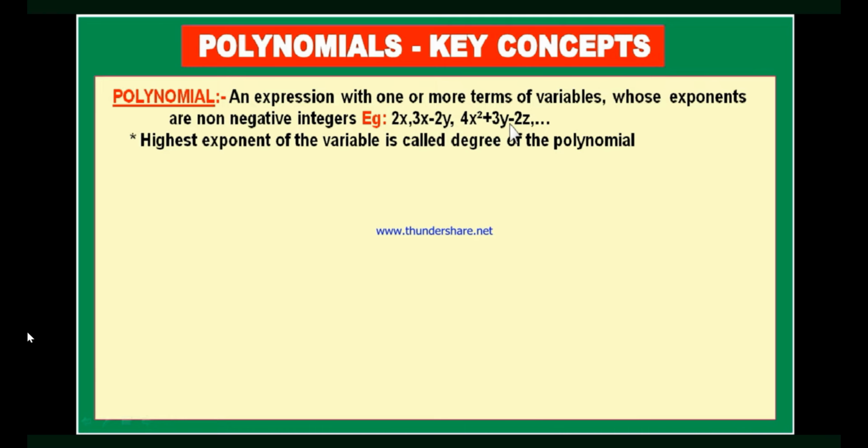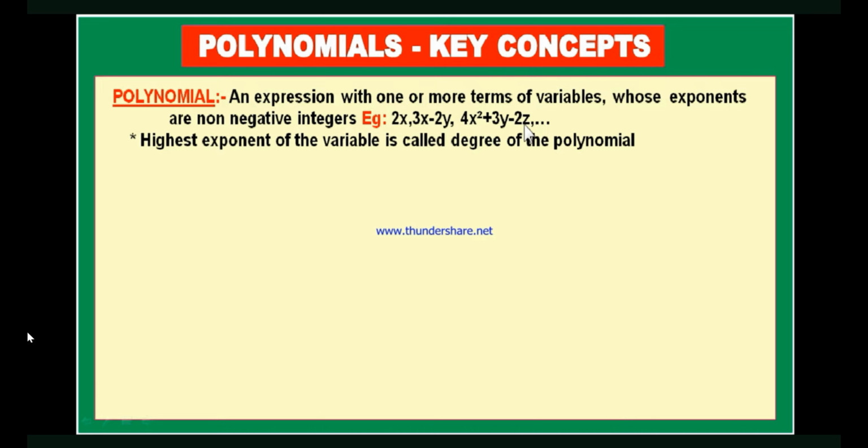But if you observe the third polynomial, 4x square plus 3y minus 2z. Here, in 4x square the exponent of x is 2, in 3y the exponent of y is 1, and in minus 2z the exponent of z is 1. Then what is the highest exponent of all the three variables?